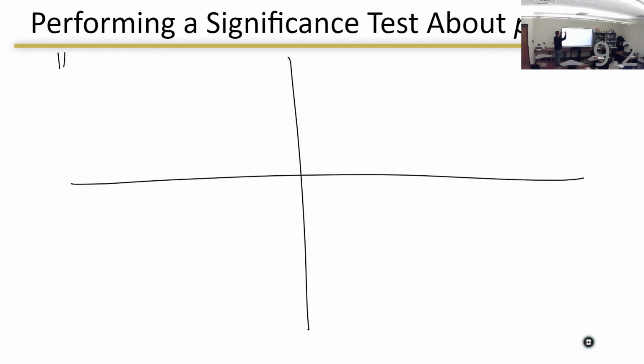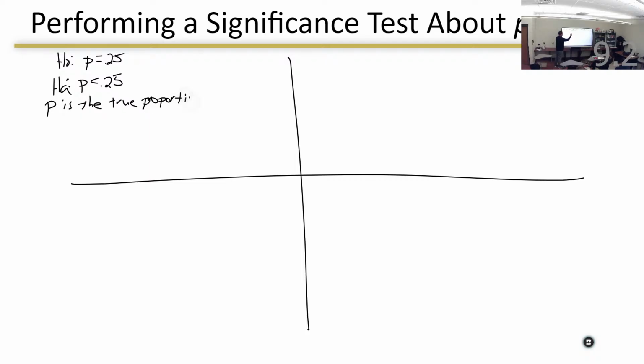Ho: p equals 0.25. Ha: p less than 0.25. Be careful, I have seen Ho equals, Ha equals. I mentioned that yesterday. Ho doesn't equal anything.